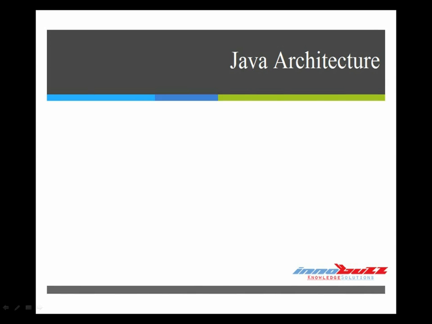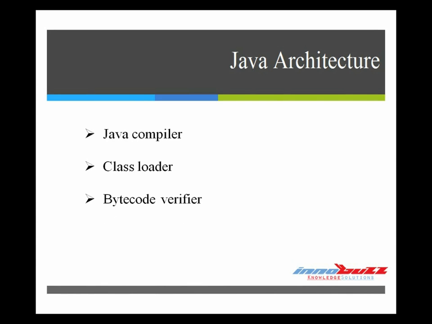But there are several steps for being able to run a file. First, there's the Java compiler, which makes from our Java file a class file. Then the class loader is going to load our class, which is already a bytecode. And then the bytecode verifier checks for security reasons. And the Java virtual machine is going to actually run the file.